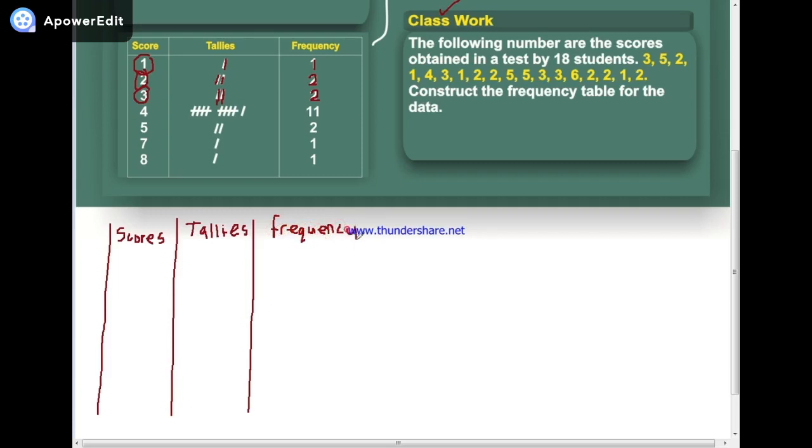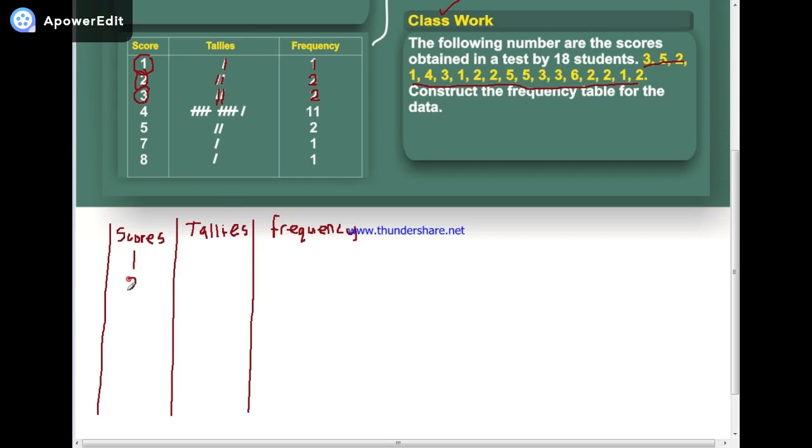Now you start from the scores. If you look at all the numbers in the data, you will say that the minimum score there is 1. Since 1 is the minimum score, you start from 1, and the next number there is 2.